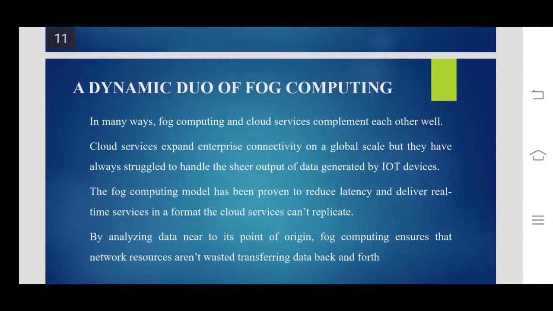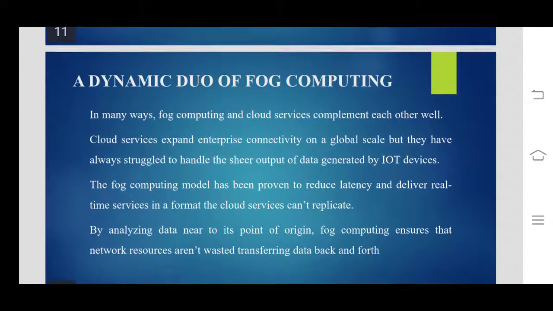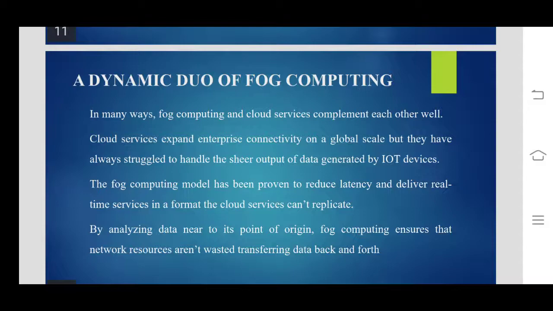The fog computing model has been proven to reduce latency and deliver real-time services in a format the cloud services cannot replicate. By analyzing data near to its point of origin, fog computing ensures that network resources are not wasted transferring data back and forth.